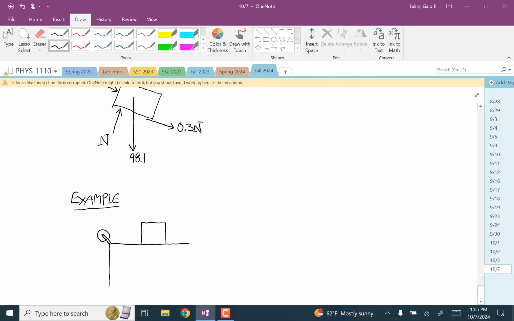And there's a block over here with a mass of 2 kilograms, and a hanging mass over here of 1 kilogram.